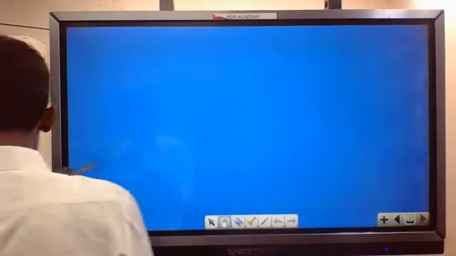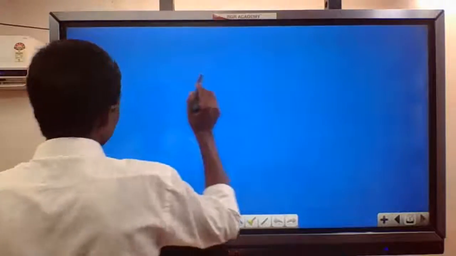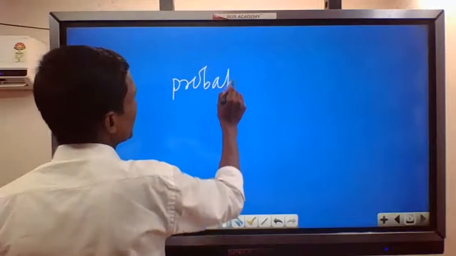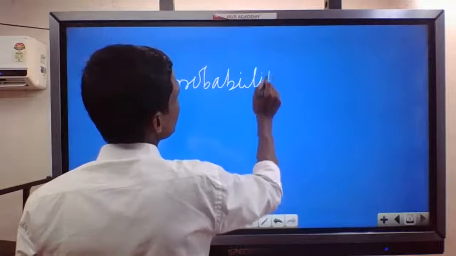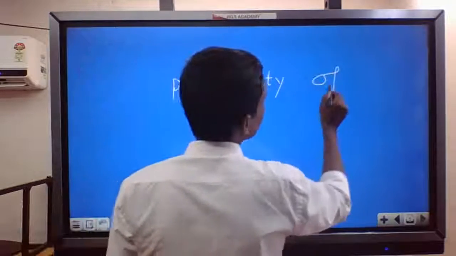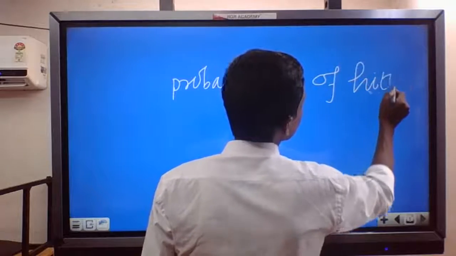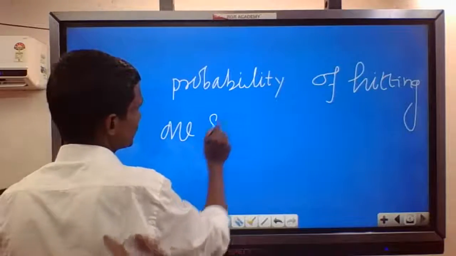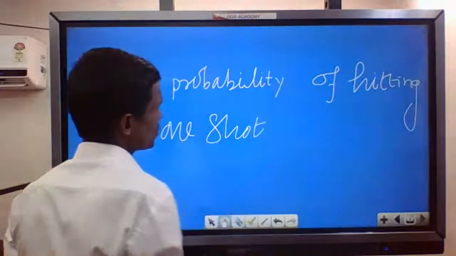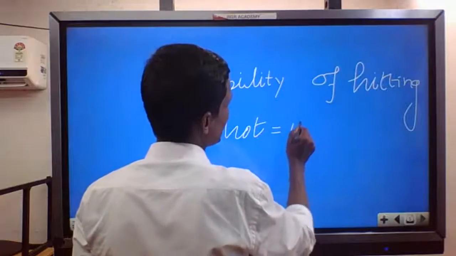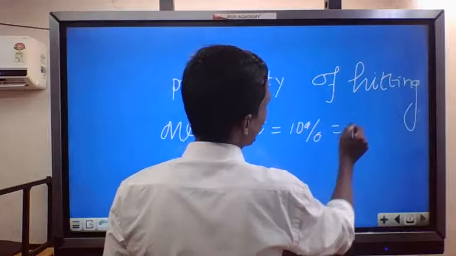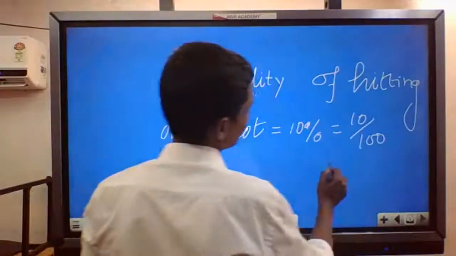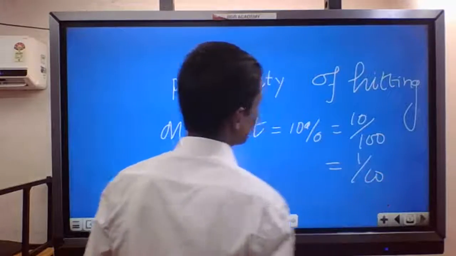So now let us take the probability of hitting one shot equal to 10%. Writing 10 divided by 100, that is 1 divided by 10.